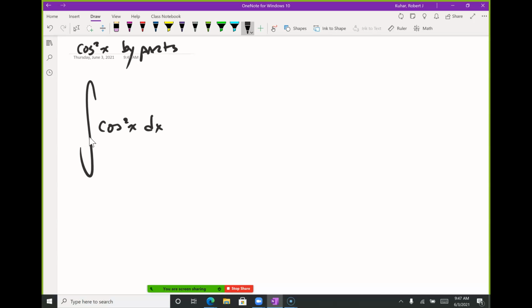This is a little tricky. Well, I know I only have a trig, but the question is, do I let u be cos of x, or do I let it be cos squared of x? I claim they both work, but one is a lot more difficult. So let's go with u as cos of x, and let's do by parts. On your mark, get set, go.